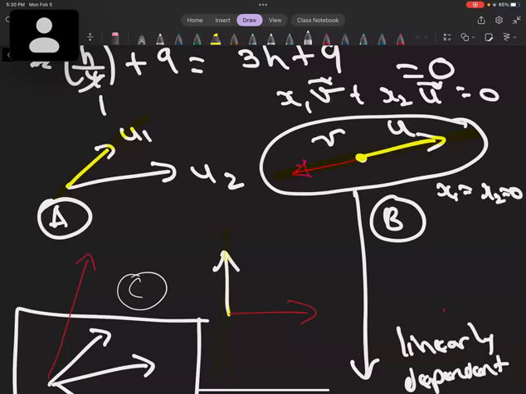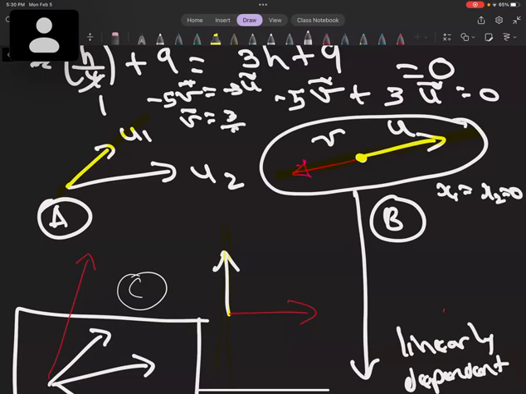But suppose that you can make, let's say, minus 5 plus 3 equals 0, then they are not linearly independent. Because if you solve it, you will get minus 5b equals minus 3u, and then b equals 3/5 u. So they are basically on the same line, and you just have to make one vector smaller than the other one, okay?